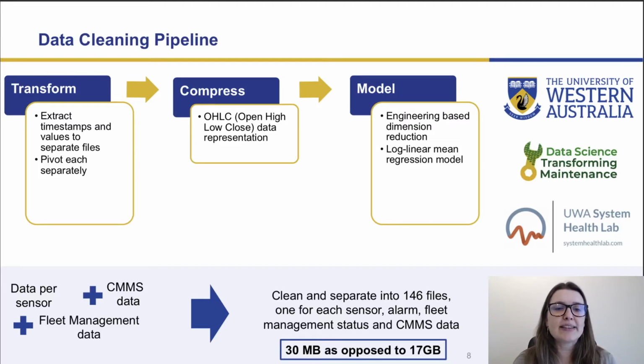The OHLC data from all 146 files is then combined into wide form to a common timestamp and then made available for the models. We then explored data-driven and engineering-based variable selection and a variety of models. The most prospective thus far is the use of a log linear mean regression model for time-to-event prediction.